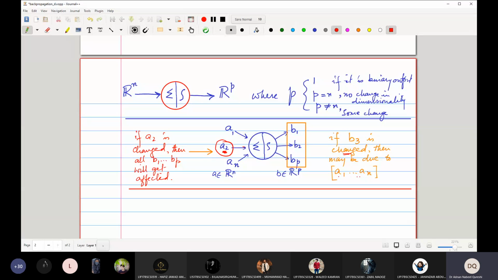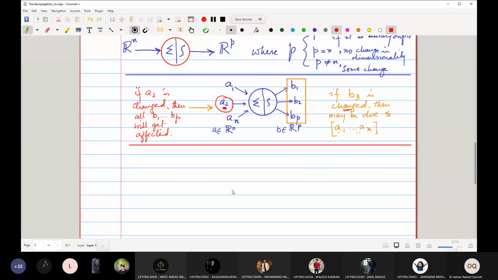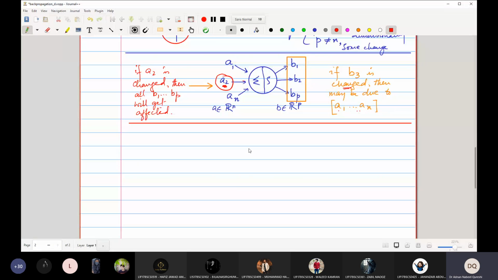Then let us take it one step further. If we have multiple layers, let's suppose this is one neuron and this is another neuron. Color does not make any difference, this is only to explain it to you.